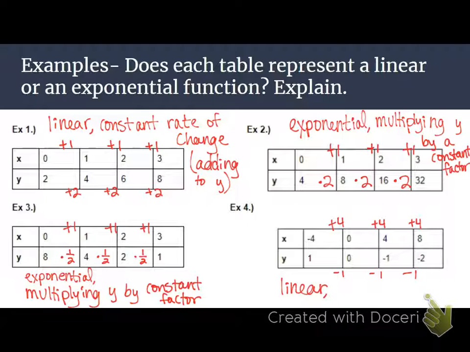I think that you could have negatives involved and it still be exponential. I don't know if we'll look at any like that, but I wouldn't say that the negatives alone make it linear. The fact that we're subtracting would make it linear. So if you were to just put not multiplying the y's, that would be okay on this one.